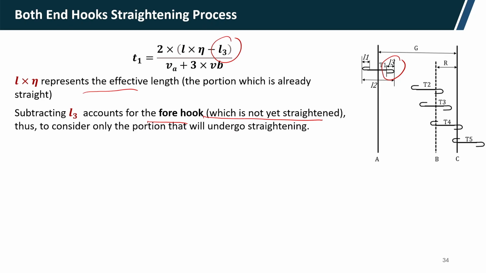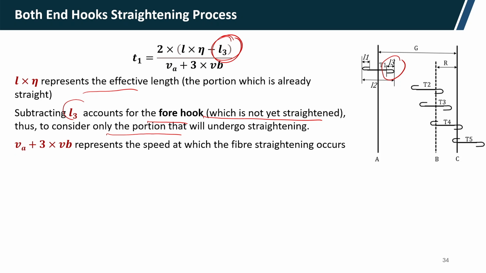So, we consider only the portion that will undergo straightening; this portion will now undergo straightening. And Va plus 3Vb represents the speed at which the fiber straightening occurs. This relationship we have used earlier also.